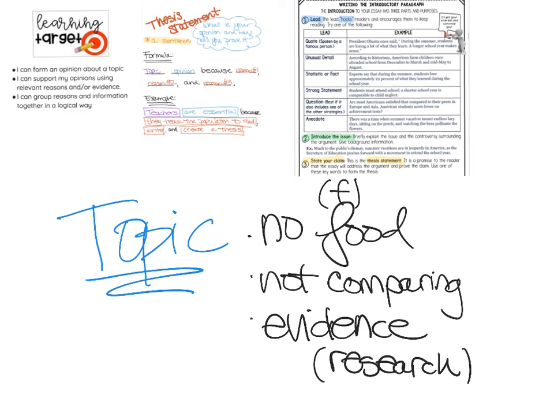So looking at your thesis statement and your topic, you're going to eventually have to come up with an opinion about it, and then 3 reasons why. And then within each of those reasons, you will need to support your reason with evidence. So you must be able to find evidence and research the topic.